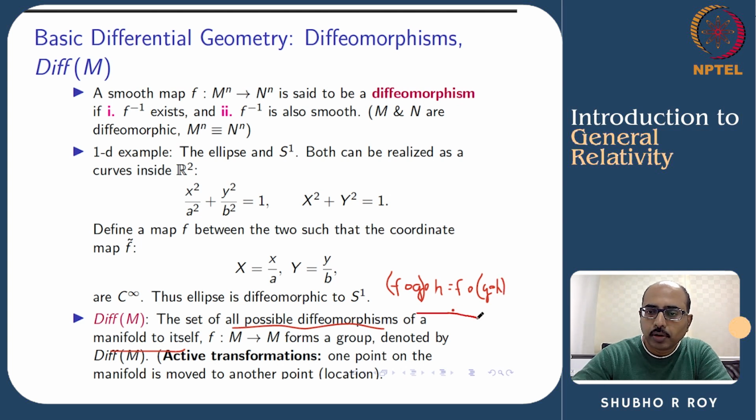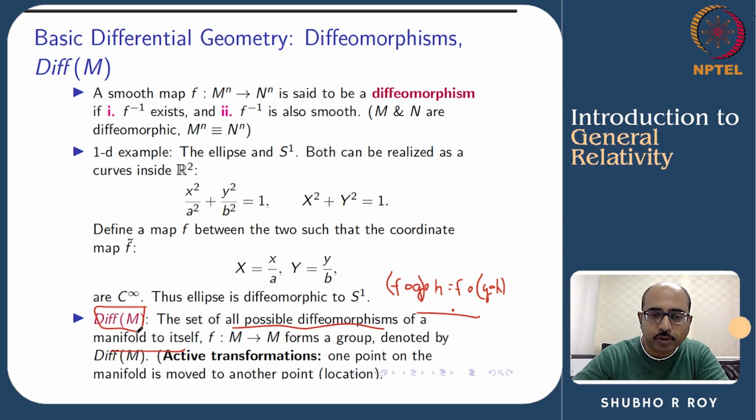So such composition of maps is associative, so it satisfies all the properties of a group. So all possible diffeomorphisms of a manifold to itself form a group, which is denoted by the symbol diff of m. Okay, diffeomorphisms of m.